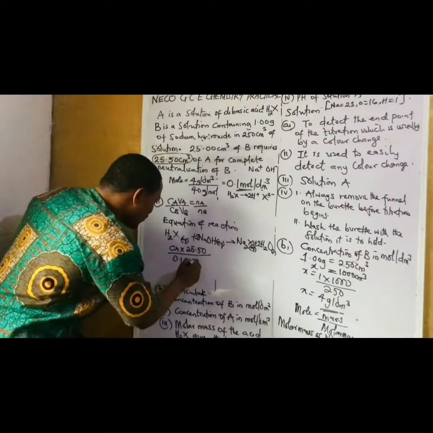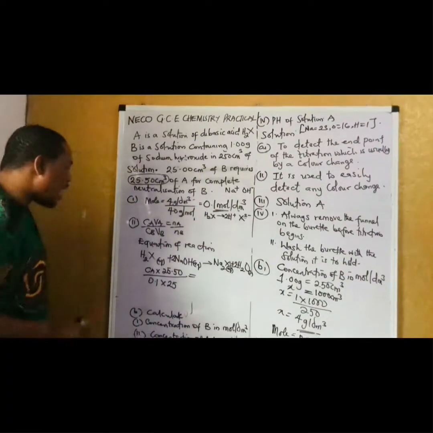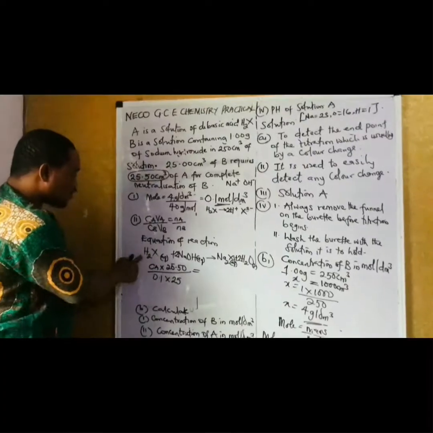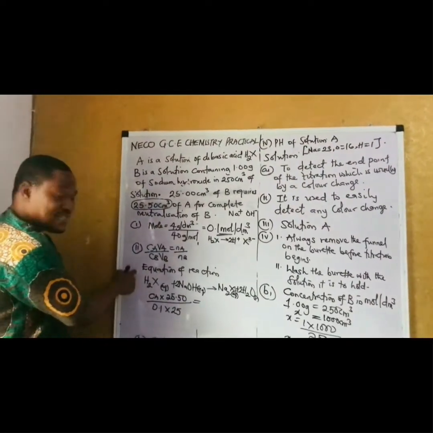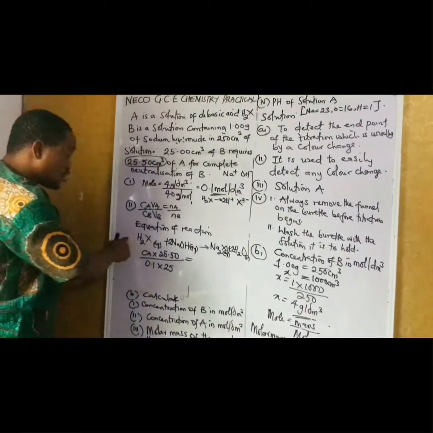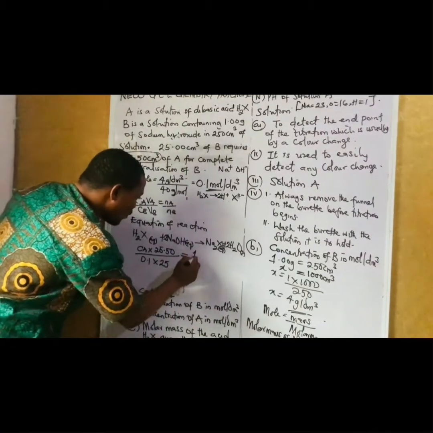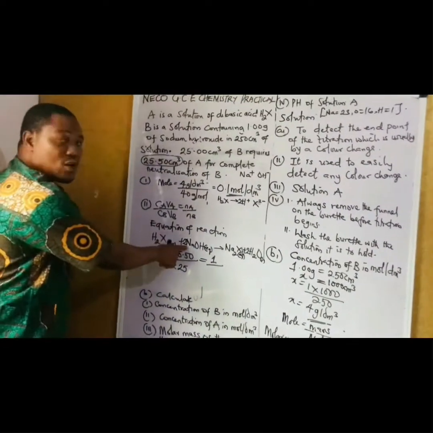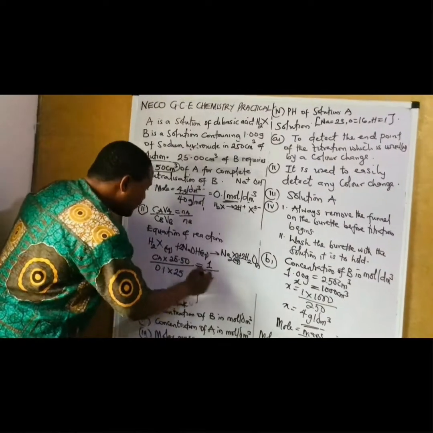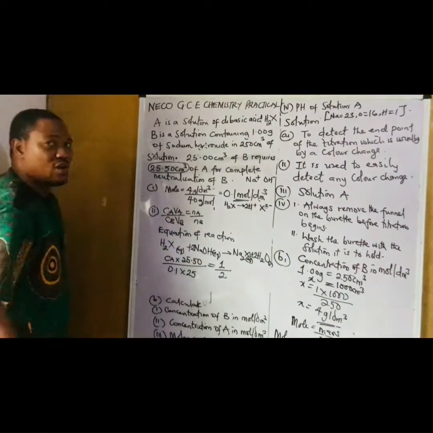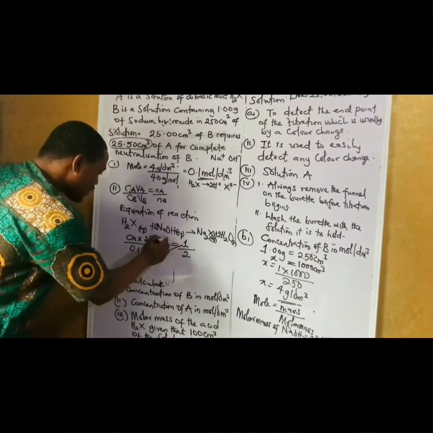So we can now have 25 equals number of moles of acid. How many moles of the acid do we have? The basic acid, that is 1, because nothing is here. So it is 1 mole of this, 1 over number of moles of the base, 2. Can you see? So if this equation is wrong, this thing will be wrong and you will not get it. So from here, let's cross multiply.